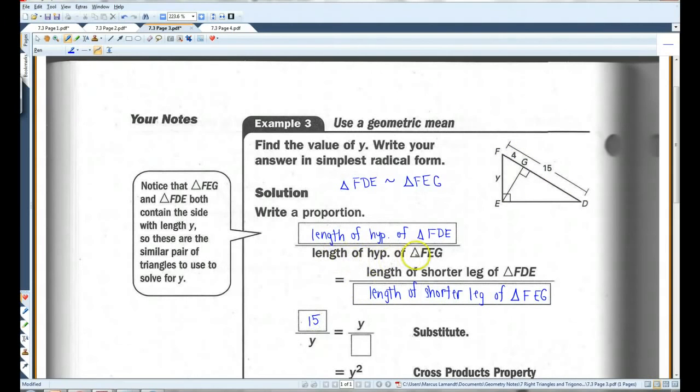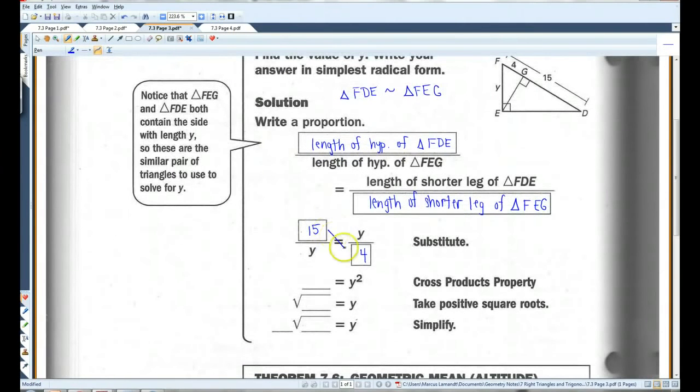The length of the hypotenuse of triangle FEG is y. The length of the shorter leg of FDE, that's the whole triangle, is y. The length of the shorter leg of FEG is 4. Okay, so here I can cross multiply. 15 times 4, that's 60. So 60 equals y squared.